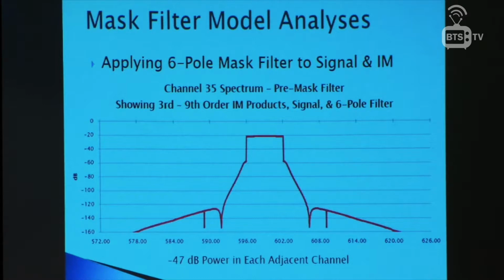But the real data ends at this spike, and that'll be constant throughout these images. And then here's the 8-pole filter, and you can see that the total from here to here is minus 57 dB of the power in this channel, essentially up here. And again, this flat top is 20.79 down.